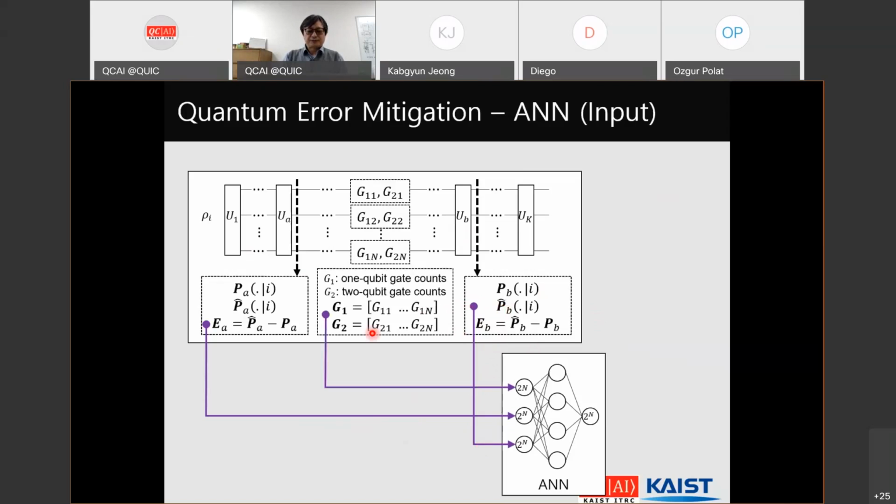We also provide the information of what the configuration of the circuit was in the middle. Important pieces of information are the number of 1-qubit gates and the number of 2-qubit gates. So we just provide a vector given like this one. This is going to be the input to the training of the ANN, and the output is calculated as the amount of compensation.